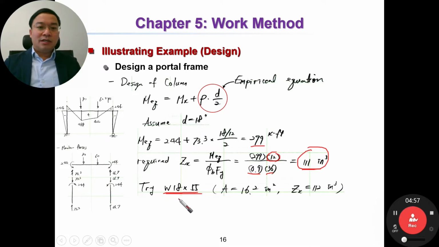In this example, we try with this section. This section has A equal to this and Z equal to this, and it is greater than the requirement. And with this section, we have rx equal to this and ry equal to this.